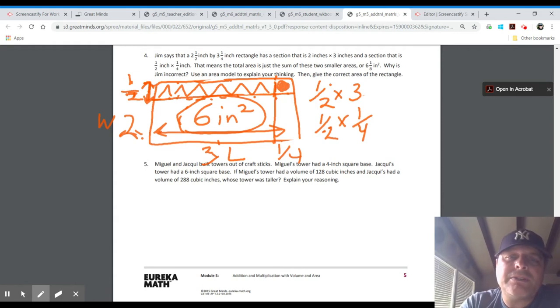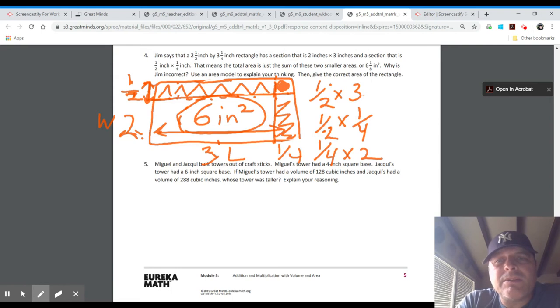Then there would be another section down over here, and that's going to be 1/4 times 2. After you added all those areas, you still have to add in the 6. Don't forget the 6. So that's a lot of work. That's doing 4 different multiplication problems and then adding them together, right?